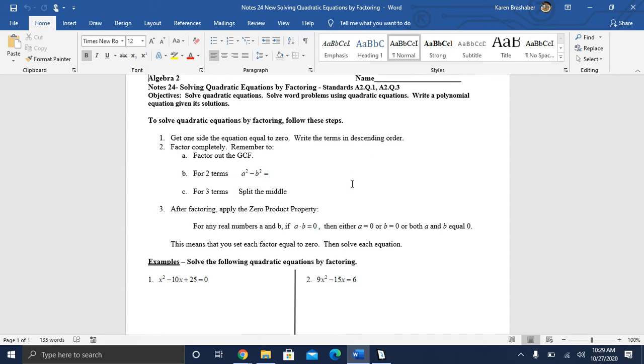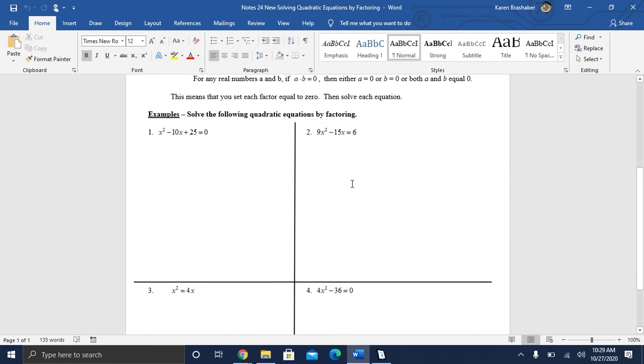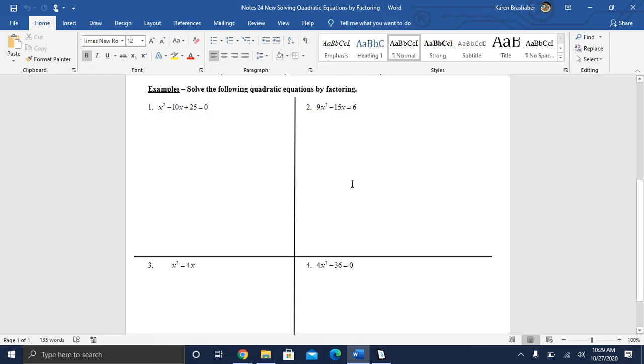So for our first one, I have x squared minus 10x plus 25 equals 0. So remember I said that it was important that one side of the equation is equal to 0, and we have that. So now I'm looking at my terms. There is no greatest common factor that I can take out of all three terms.